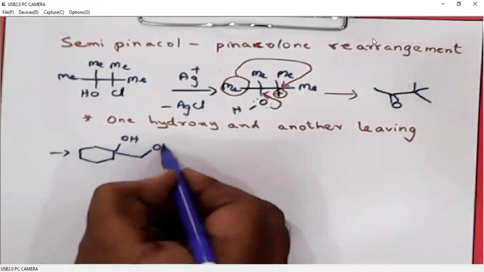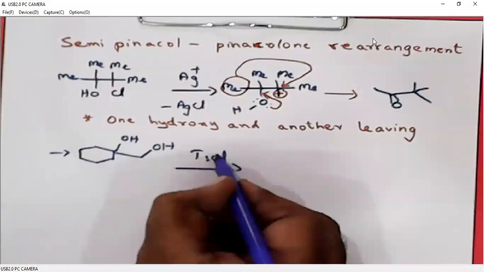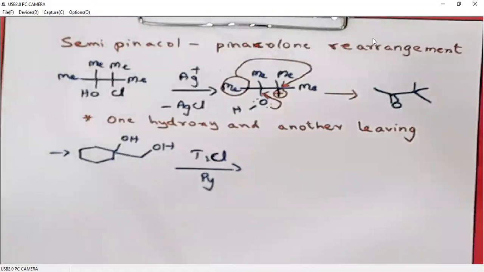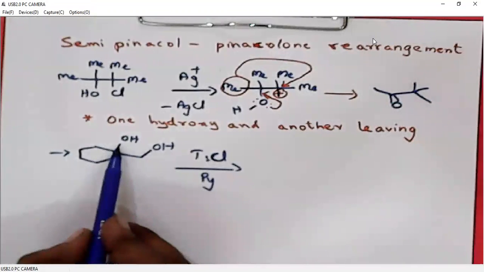This diol, when it is treated with paratoluene sulfonyl chloride under basic conditions: paratoluene sulfonyl chloride is a bulky reagent, so it can easily differentiate primary, secondary, and tertiary hydroxy. Here, this alcohol is primary and this alcohol is tertiary.